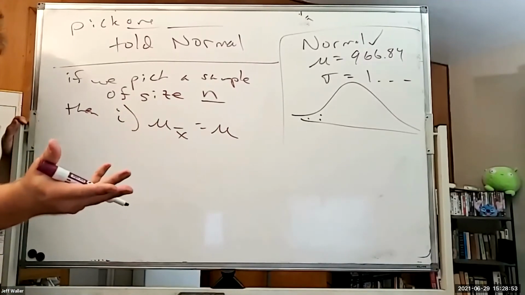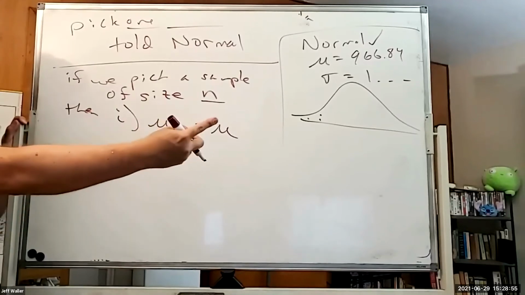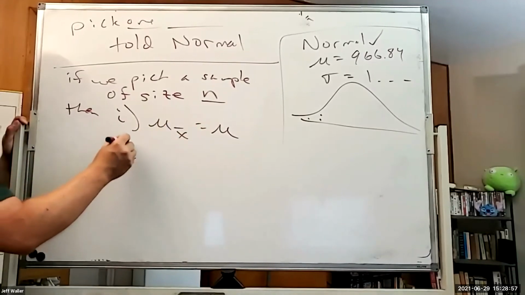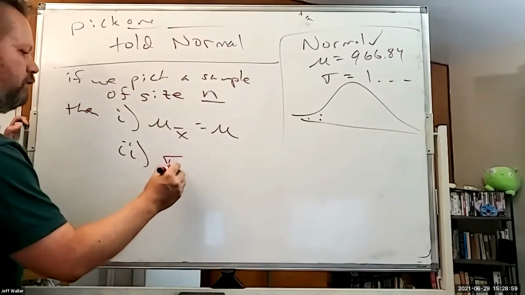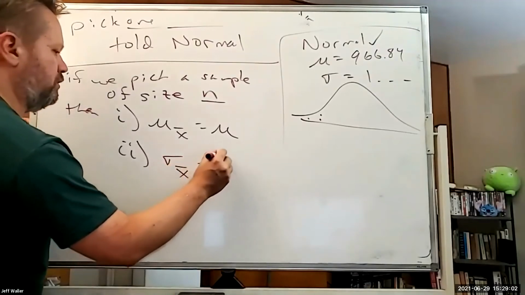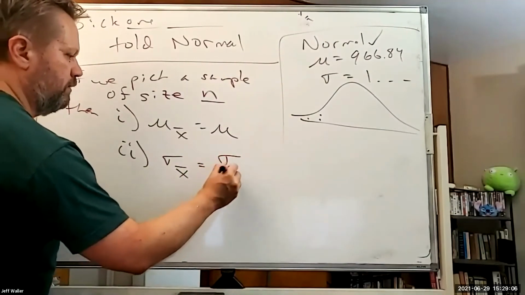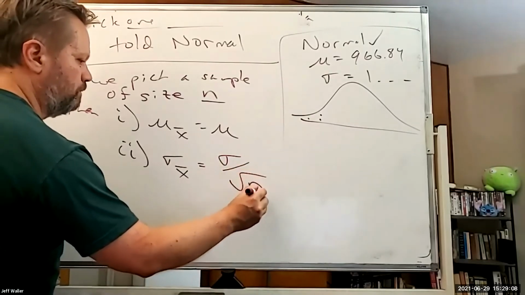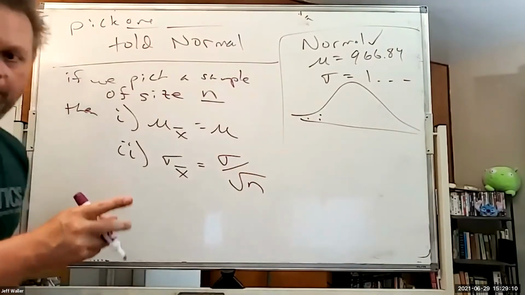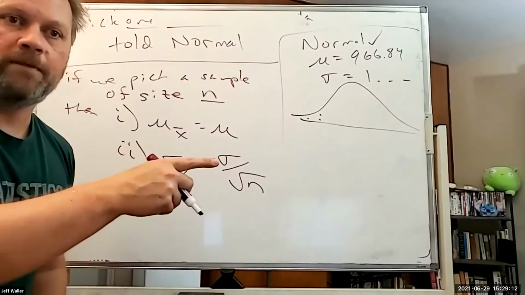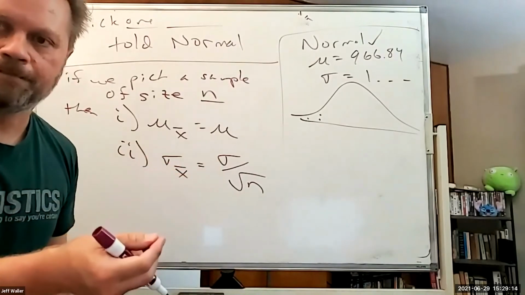I can't suddenly make us all older or younger. Our average stays the same. Here's the exact way the standard deviation changes. Standard deviation becomes what it was for individuals divided by the square root of n. So for that one problem with the 20, it would have been sigma divided by the square root of 20.